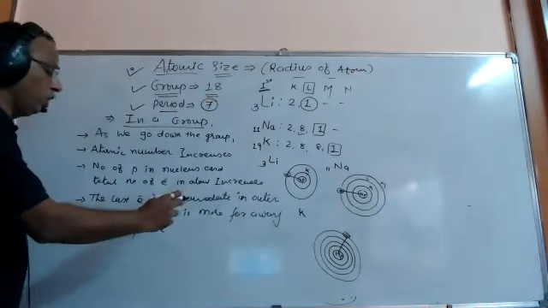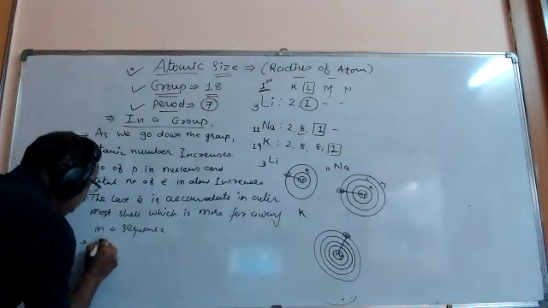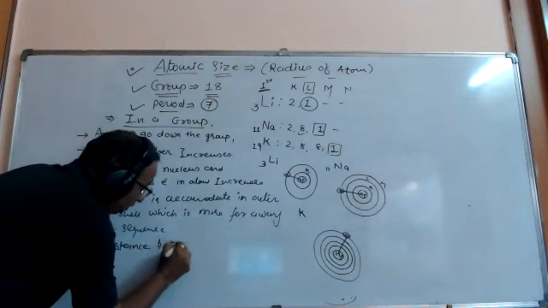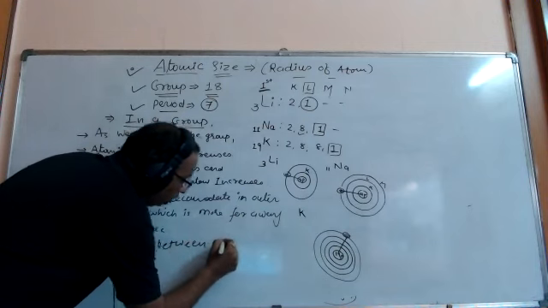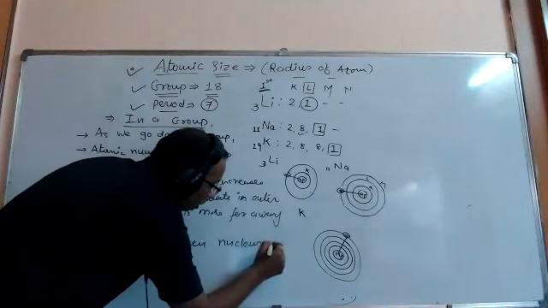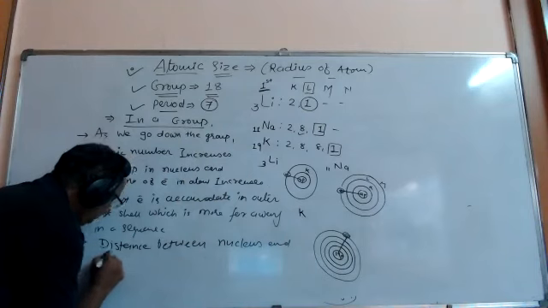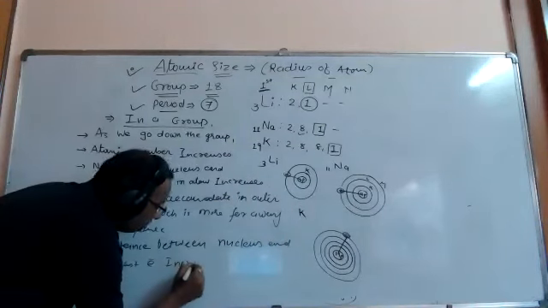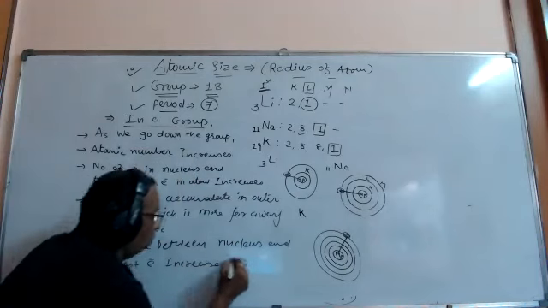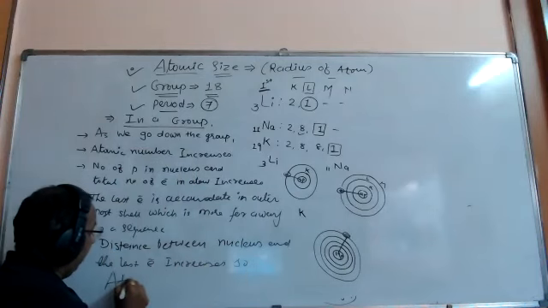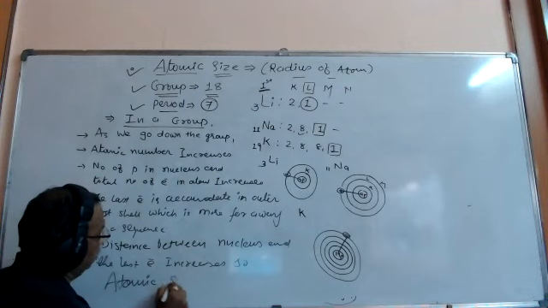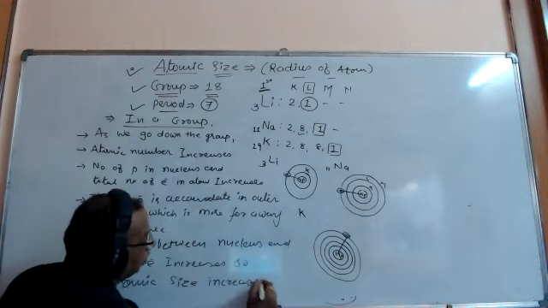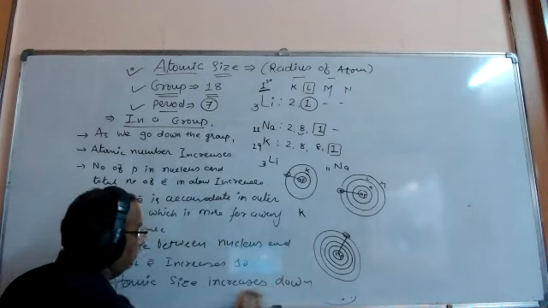So as we go down the group, the distance between the nucleus and the last electron increases. So the atomic size increases down the group.